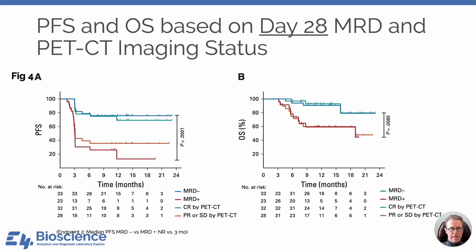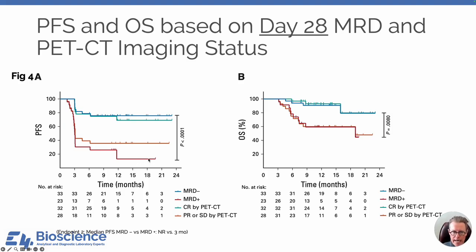Okay, moving on to figure 4, we're going to look at progression-free survival and overall survival based on their day 28 MRD and PET-CT imaging status. And again, I think what you can see is that the same kind of scenario is setting up here, where we have MRD negativity in the blue line or MRD positivity in the red line.